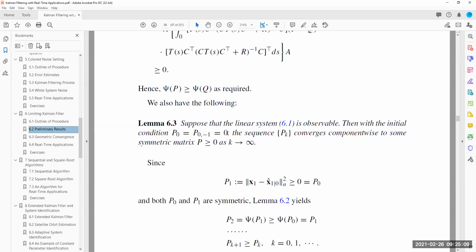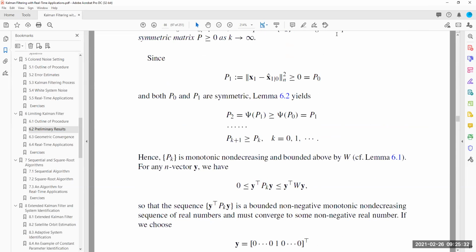Let P0 be 0, okay? Then we can apply lemma 6.2 to show the sequence of Pk converges component-wise to some symmetric matrix P, non-negative, as k goes to infinity, okay? So I will not show you the proof.